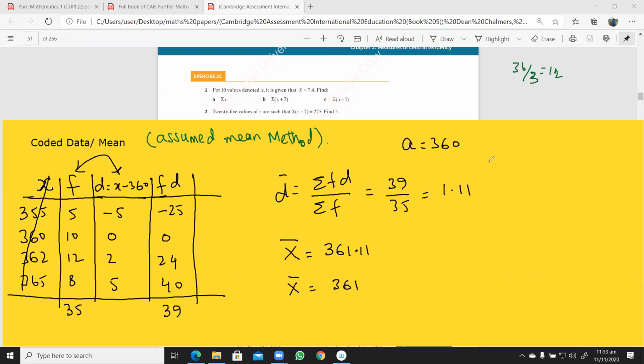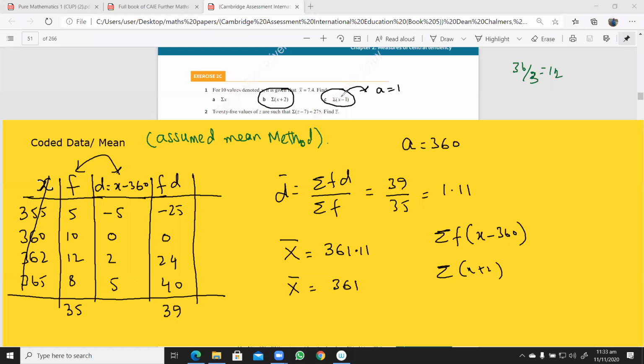And you see that this sigma FD is basically sigma F into X minus 360. You might see in your exam questions things like sigma X plus 2. Look at this, you're seeing this over here. Sigma X minus 1. So this means for this question, your A is 1.